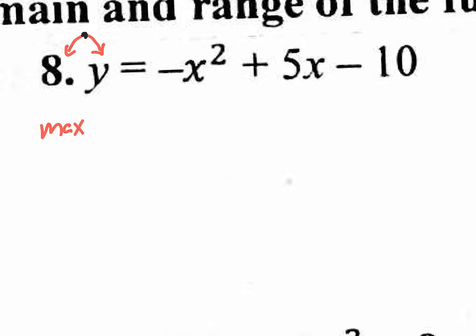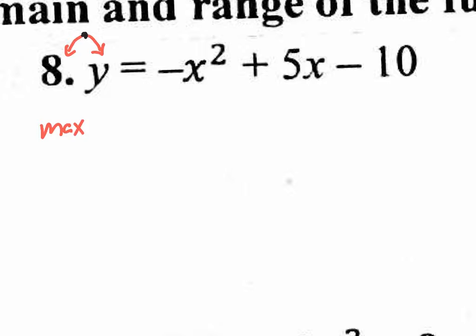It reaches a maximum, right? So because it opens down, it has a maximum value. If we keep reading the instructions, it says find that maximum or minimum value. So if they're telling you to find the actual location of the maximum, what are they really asking you for? The vertex. Remember, the vertex is the most important point. It's the highest or lowest point. So if they ask you to find that maximum location, they're really asking you to find the vertex.